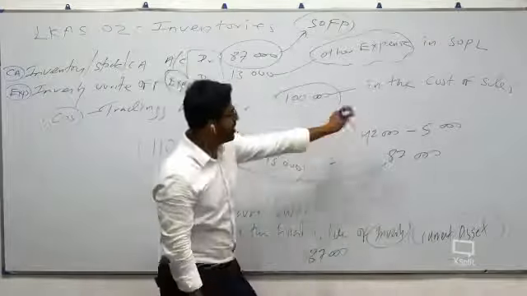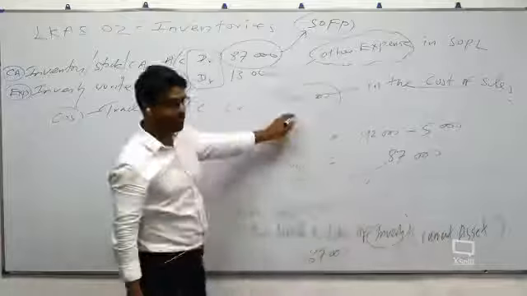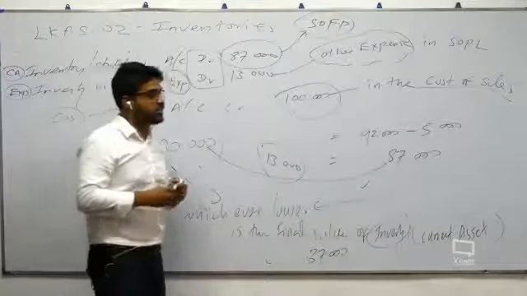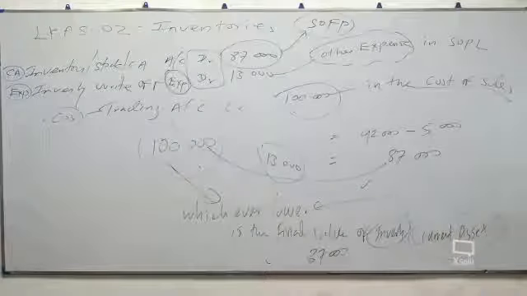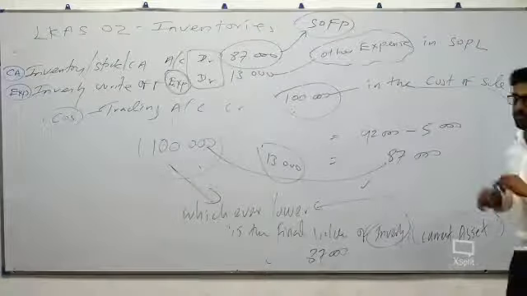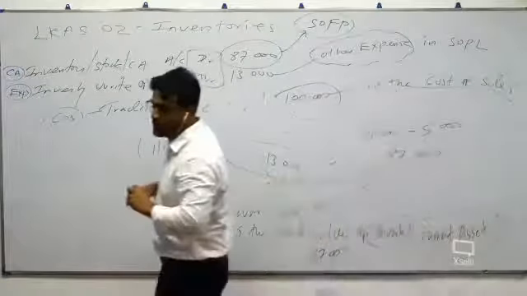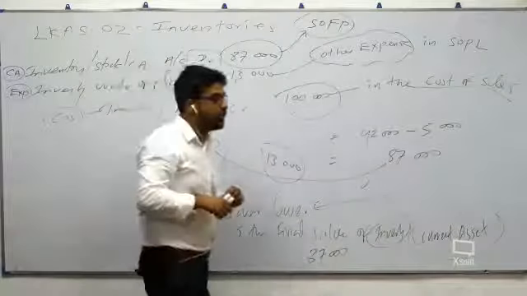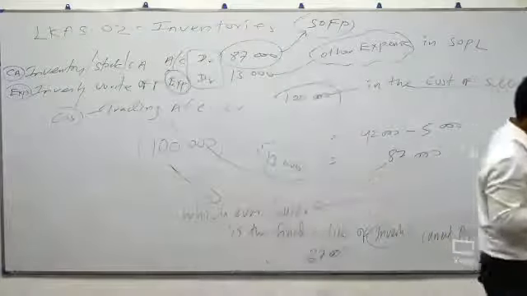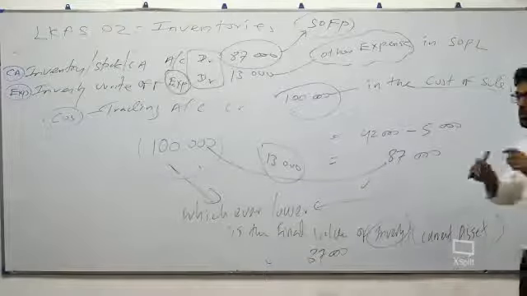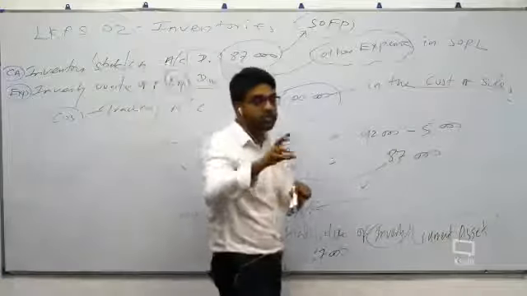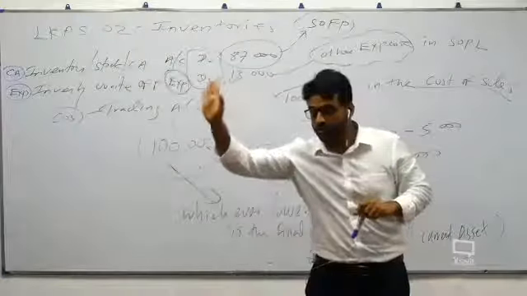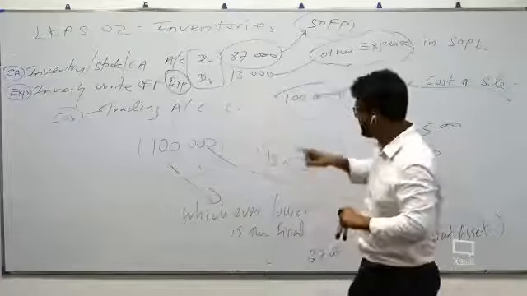But in cost of sales calculation, which one is used? When calculating cost of sales, we should always take the cost of the closing inventory. Within bracket, write down, not the lower of cost and NRV. Some students will take the lower, and the answer will be wrong. Don't take the lower, always take the cost of inventory.